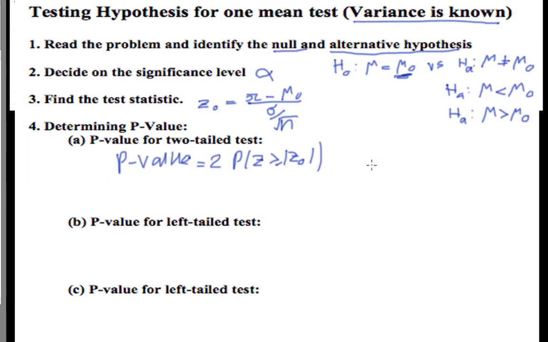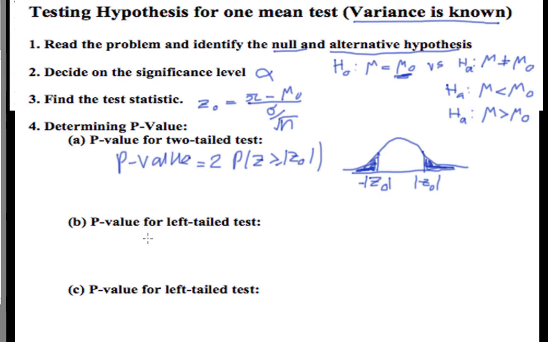If this is the normal curve, for two-sided we consider negative absolute z naught and positive absolute z naught. So this area plus this area is the p-value.